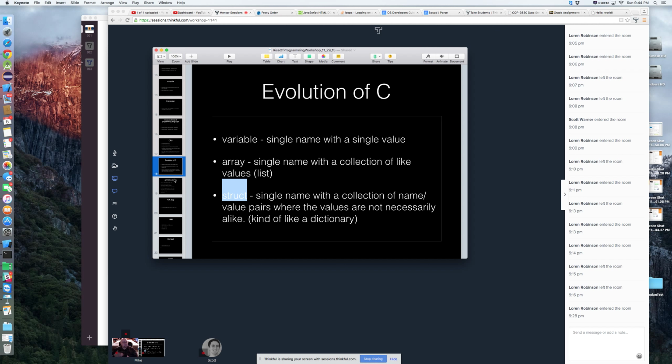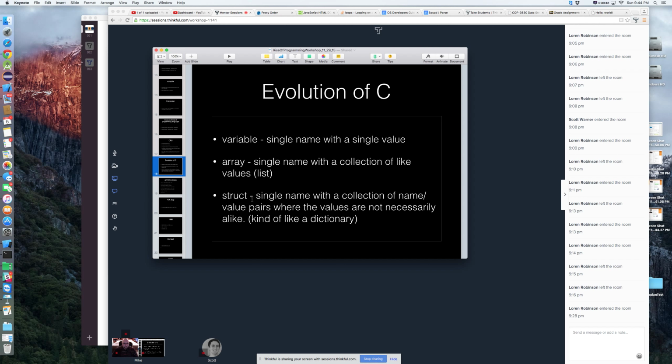So as the computers got more powerful, and as our reliance on those computers became more and more, and as human ingenuity led us to invent new ways of using these computers to make our lives easier, we started requiring more and more from our programming languages, to the point that C was making it very difficult for us to continue to innovate without our programs becoming very messy. And the big reason for that is this idea of a struct.